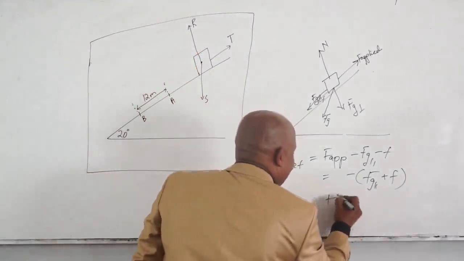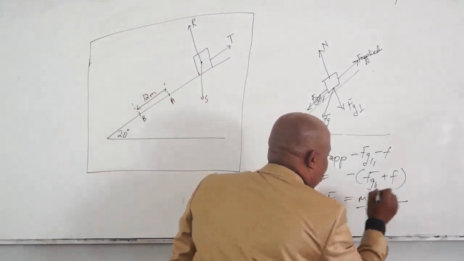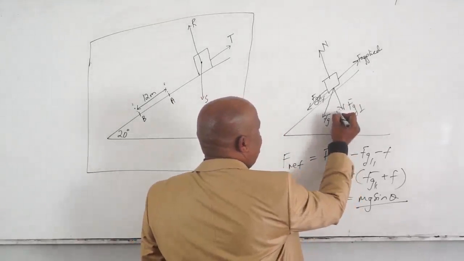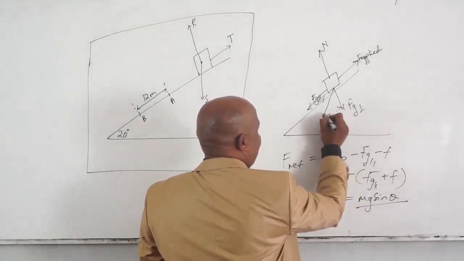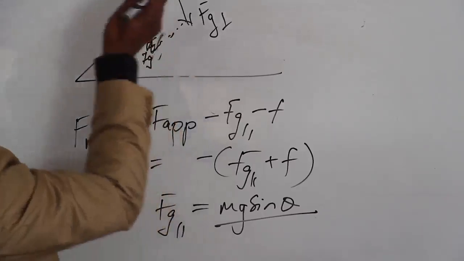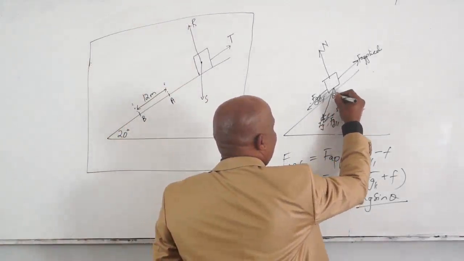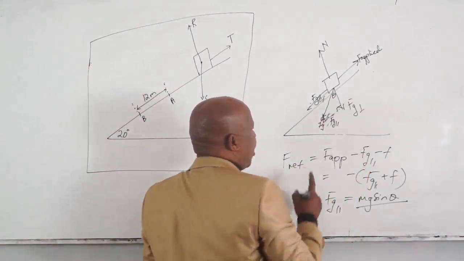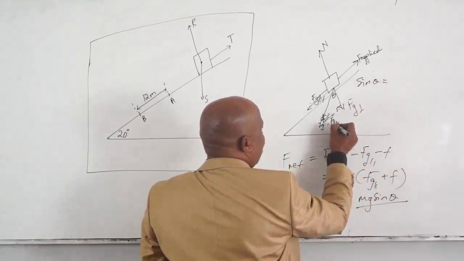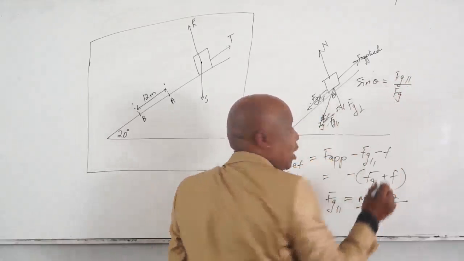But remember, the FG parallel is the same as mg sine theta. Why? I can show you that on the diagram. If you take this diagram, you put this line here. This will be your FG again, which is this line. This is parallel to the slope, which is FG parallel. And this is your 90, this is your theta. If I want sine theta here, I'll have opposite over hypotenuse, which is FG parallel over FG.